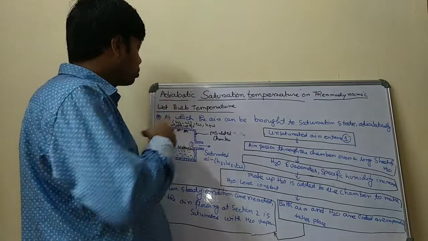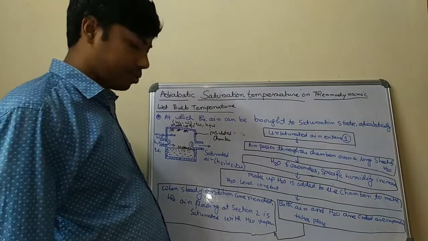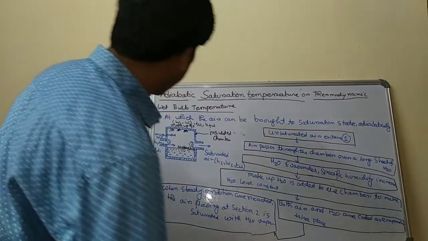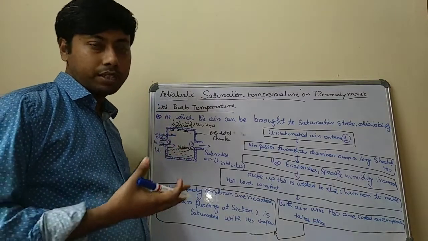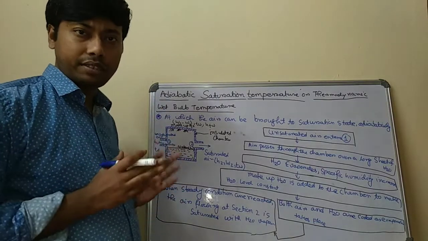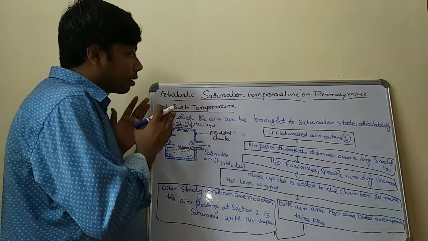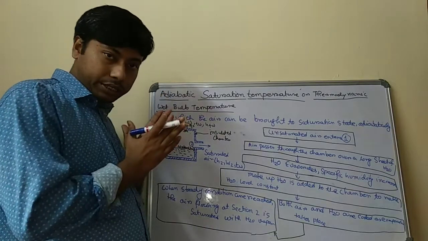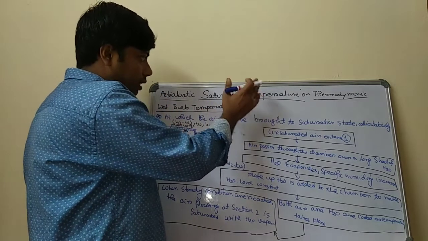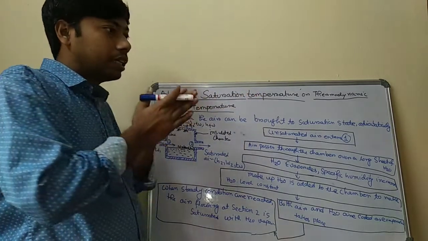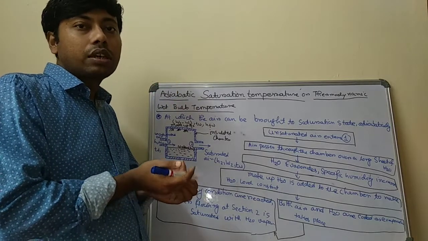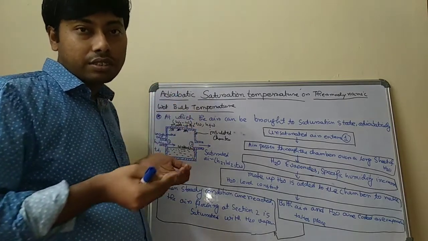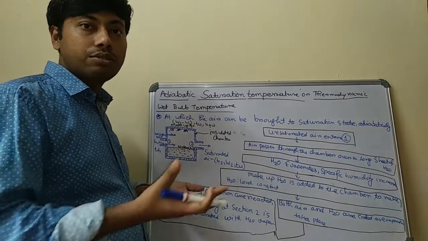So now the topic is adiabatic saturation temperature. As the name suggests, it indicates a temperature. It is the temperature at which air in an unsaturated condition is transformed into the saturation state.